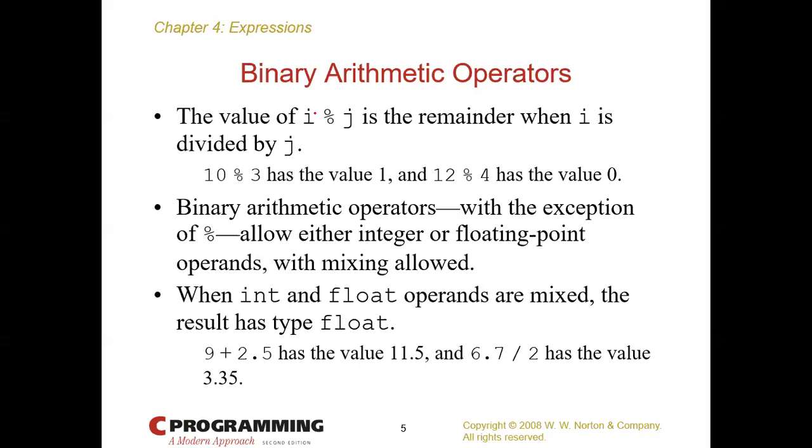The value of i mod j is the remainder when i is divided by j. Okay. So if you say 10 mod 3, it has a value of 1. Why? Because if we divide 10 by 3, we will have a remainder of 1. So what can we divide? We can divide 9. 9 by 3 is fine.